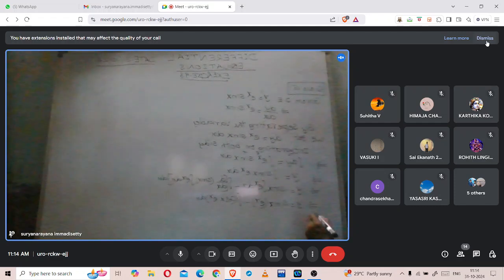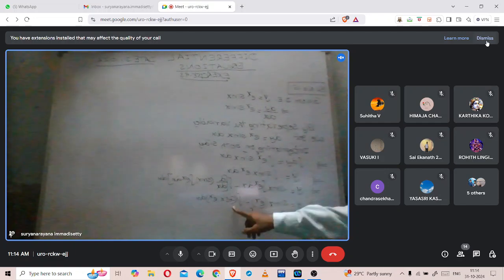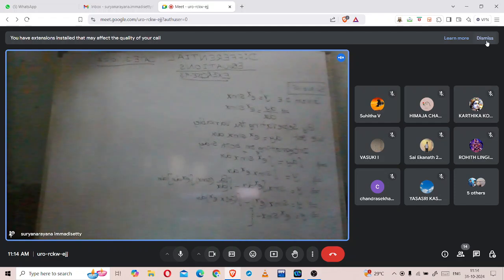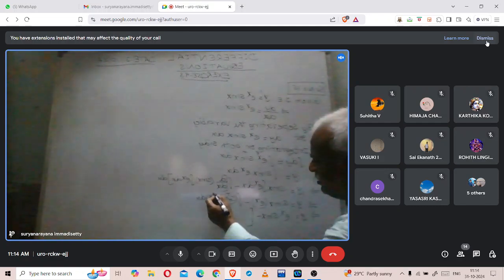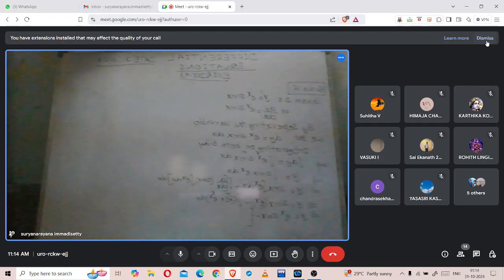This implies y is equal to e power x into sin x minus, again by the integration by parts method. Tell me, are these two functions in the same order? This is a trigonometric function and this is an exponential function. Okay.